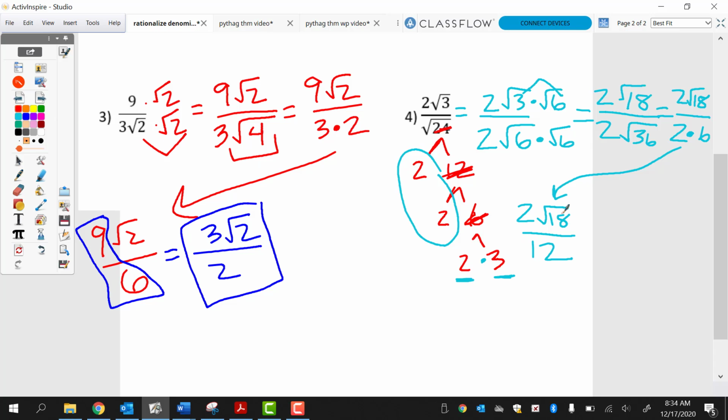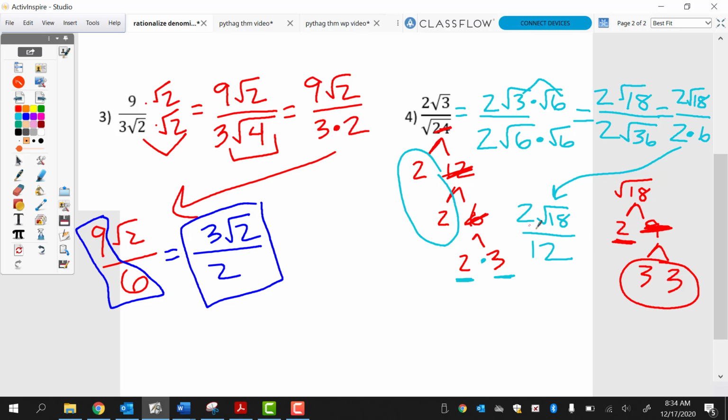So square root of 18, I'm going to do that right here. So square root of 18, we try dividing. I can divide by 2 and 9. 9 I cannot divide by 2 because it gives me 4.5, but I can divide by 3 and it gives me another 3. And I cross this out because I divided it. So my pair is 3. My 2 is left over.